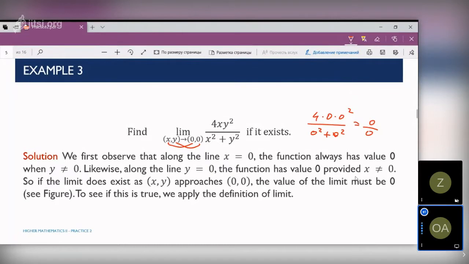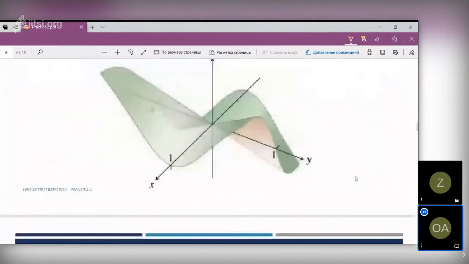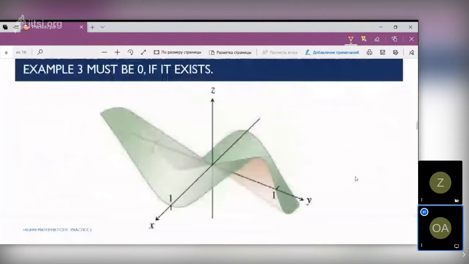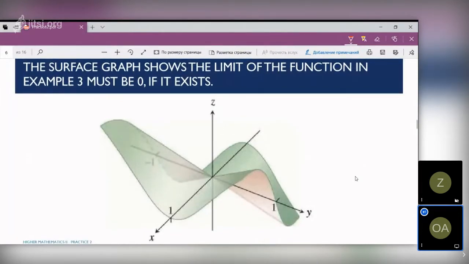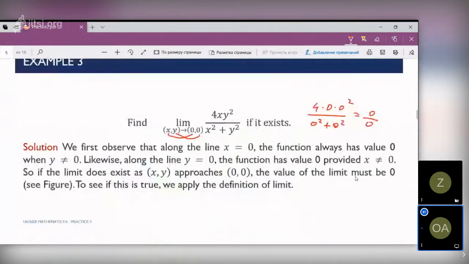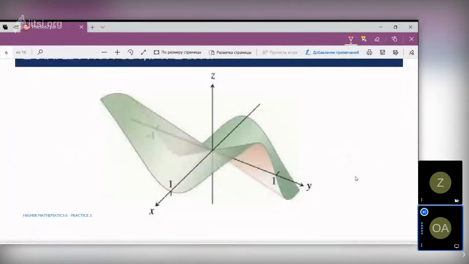So we have a figure to explain this exercise here. With this figure, the surface graph shows the limit of the function in example 3 must be 0 if it exists. When x and y tends to 0, x and y. So x is this axis, this one is x-axis in our case, and this is y-axis.